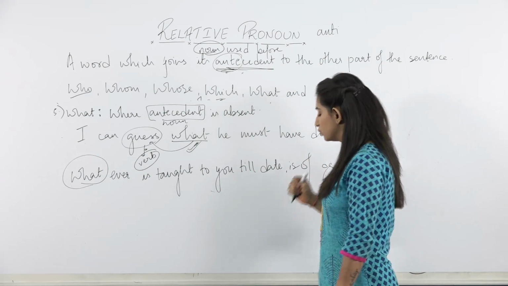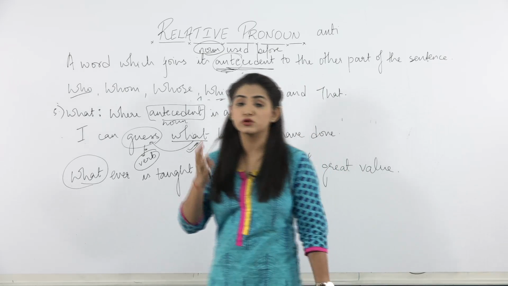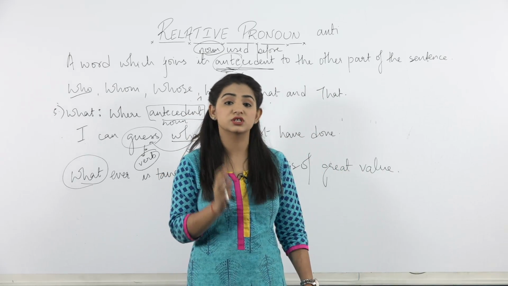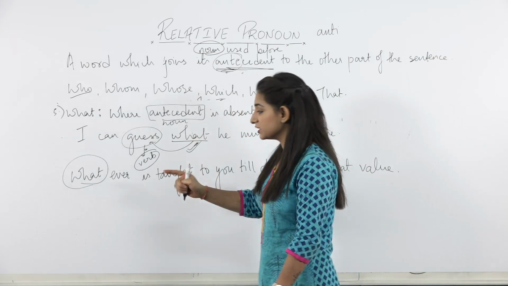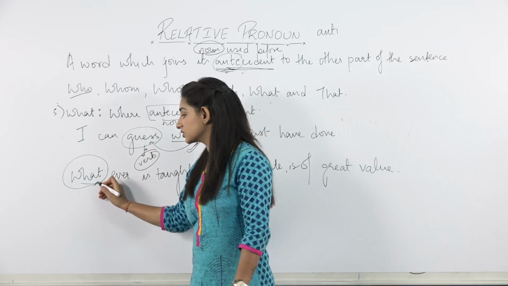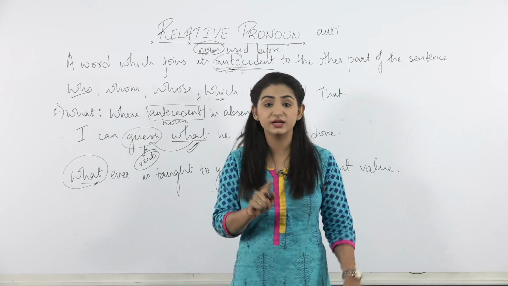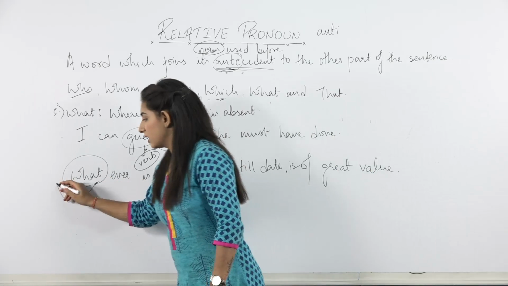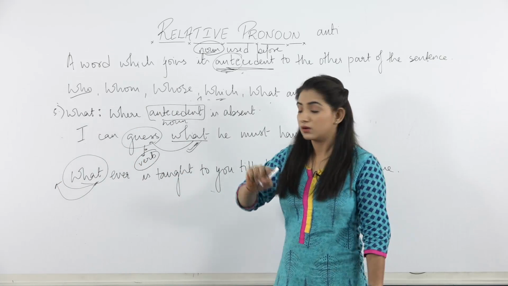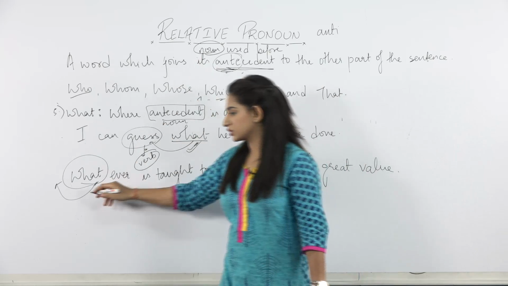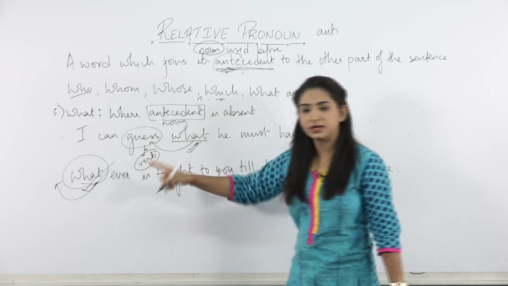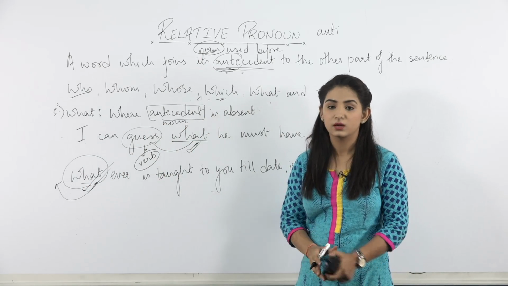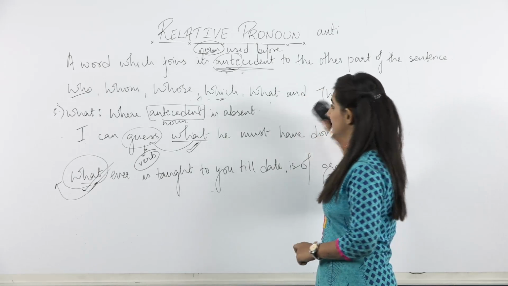Whatever is taught to you till date is of great value. जो भी आपको आज तक पढ़ाया गया है उसकी बहुत वैल्यू है. In this condition it has started with what but it doesn't form a question. So whenever we don't have an antecedent which is a noun, in that condition we will place what, and what is correct here. Now the last is that.